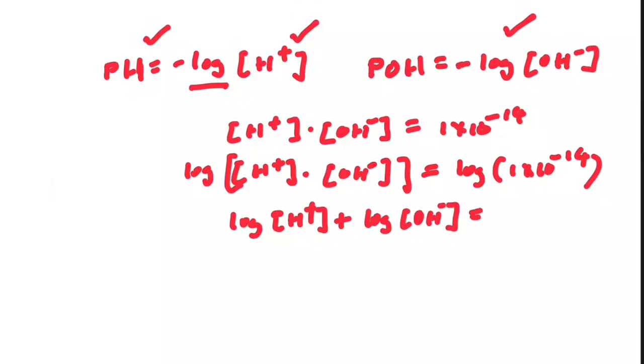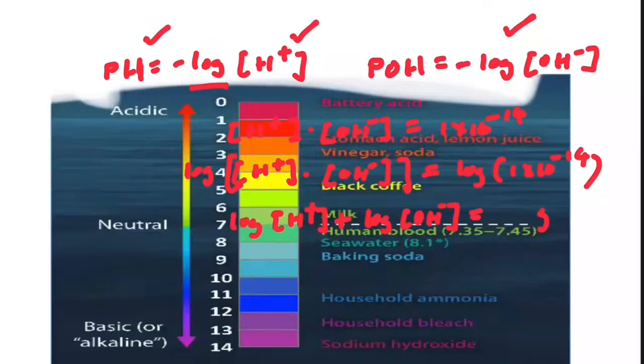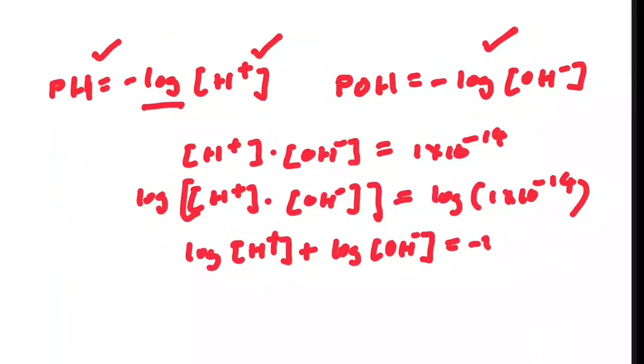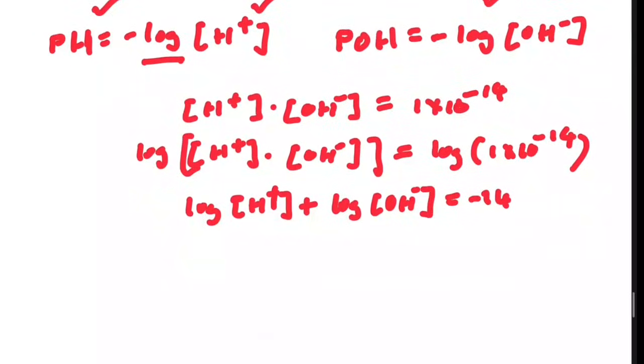And then log of A to the power B is equal to B log of A. B in our case is minus 14. We're going to have minus 14 log of 10. But we know that log of 10 is 1, so let's just replace this with 1. 1 times minus 14 is just going to give us minus 14.